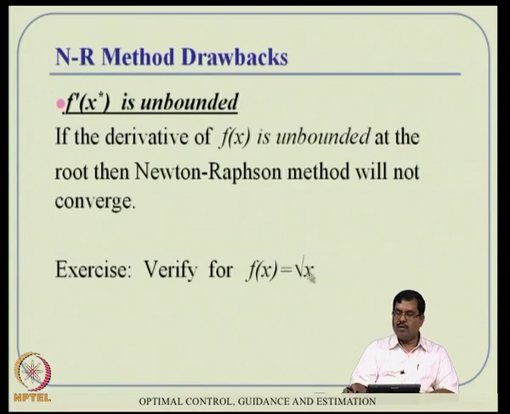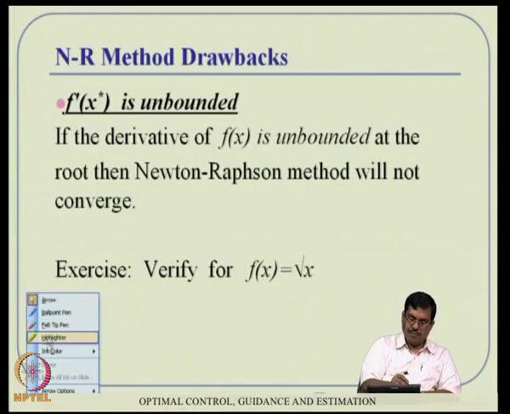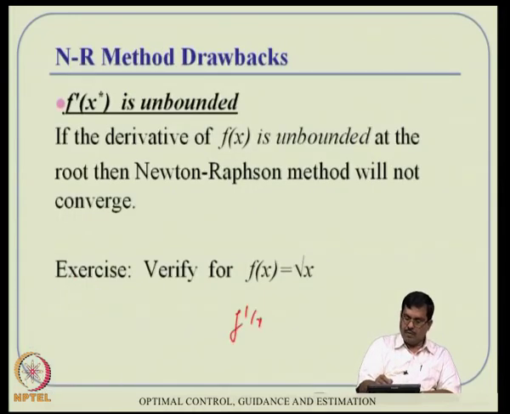We can verify that with this example, square root of x. Remember what is f dash of x? f dash of x is 1 by 2 square root of x. The solution turns out to be 0, so around 0 it is actually infinity. So then there is a problem there.